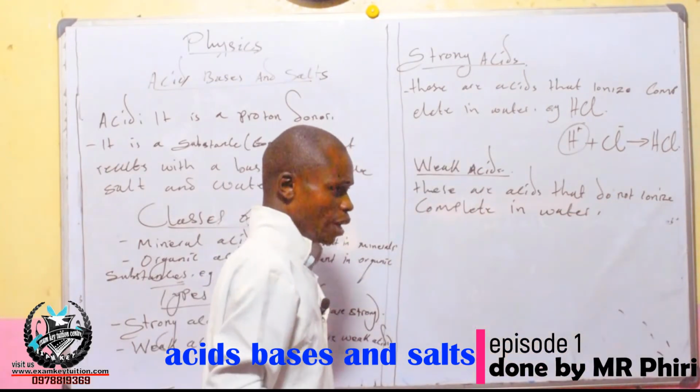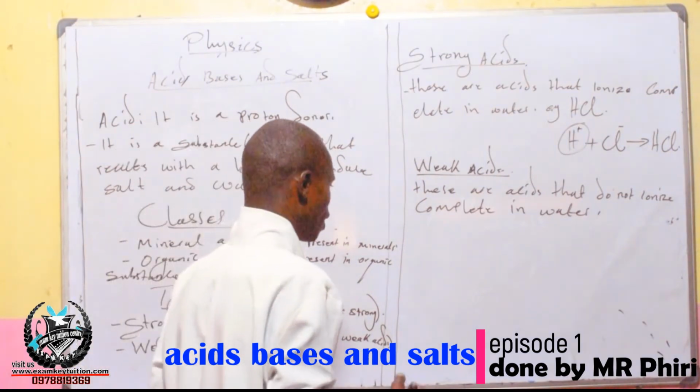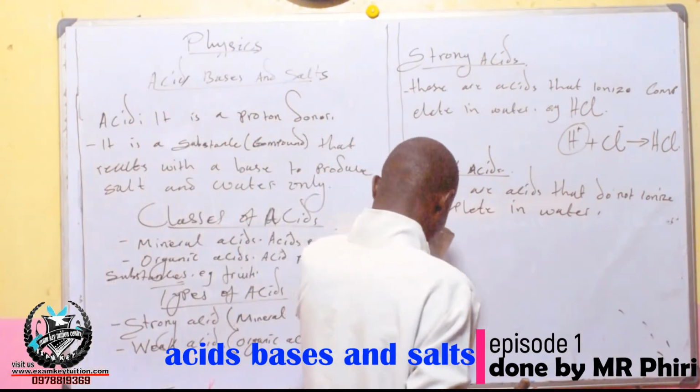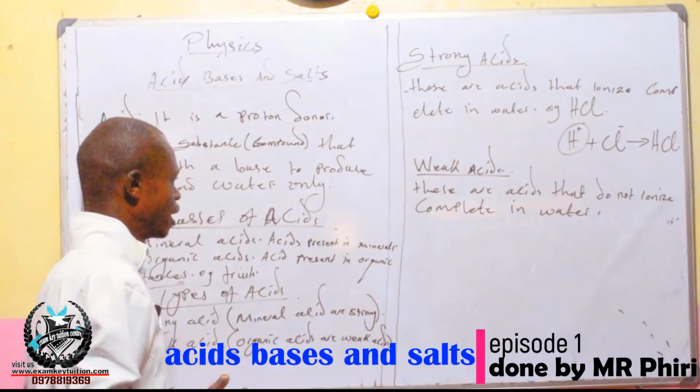For example, we can talk about organic acids like carboxylic acid, and many others.